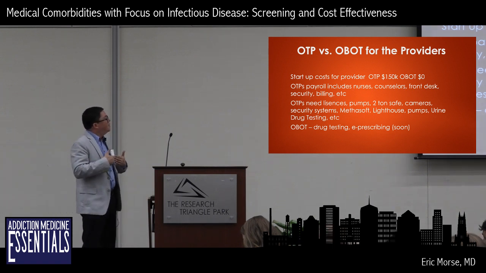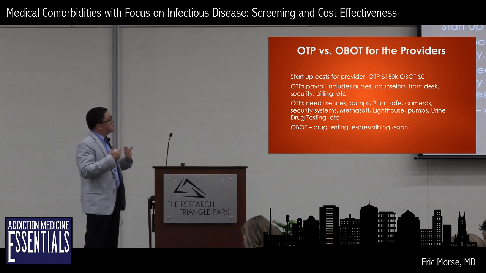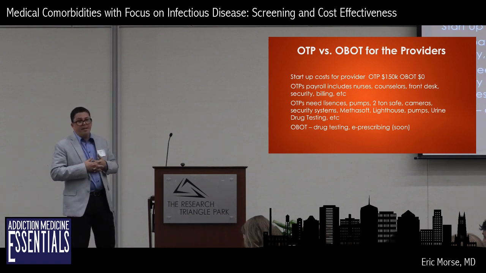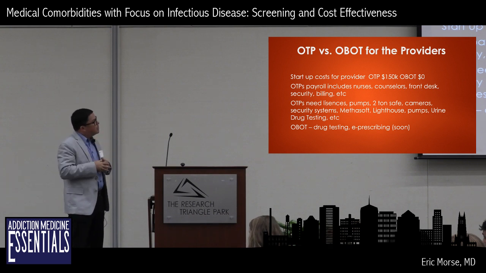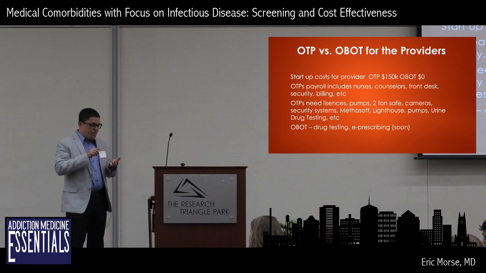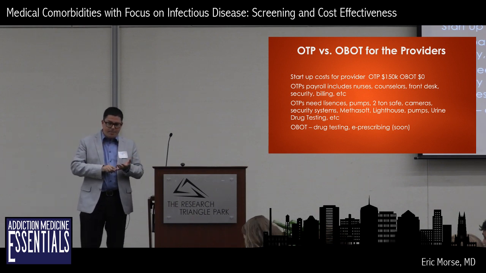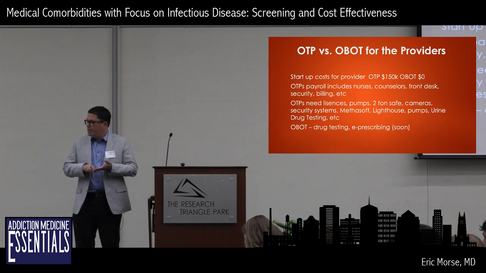Okay? So the startup costs for an OTP, the cheapest I've ever really opened one is about $150,000. So you're talking about renting space, upfitting it, putting in dosing windows.